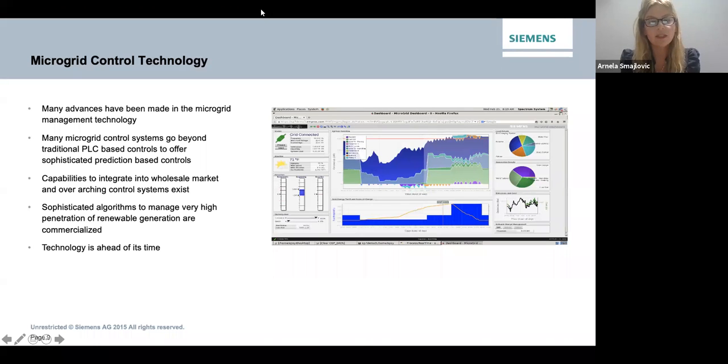This way, DERMS can serve the entire system, not just a host or a consumer. Within this concept, utilities do not see microgrids as, let's call it, quote unquote, lost load, but as an asset. And with this, the main concept that should be looked at is that everyone benefits.